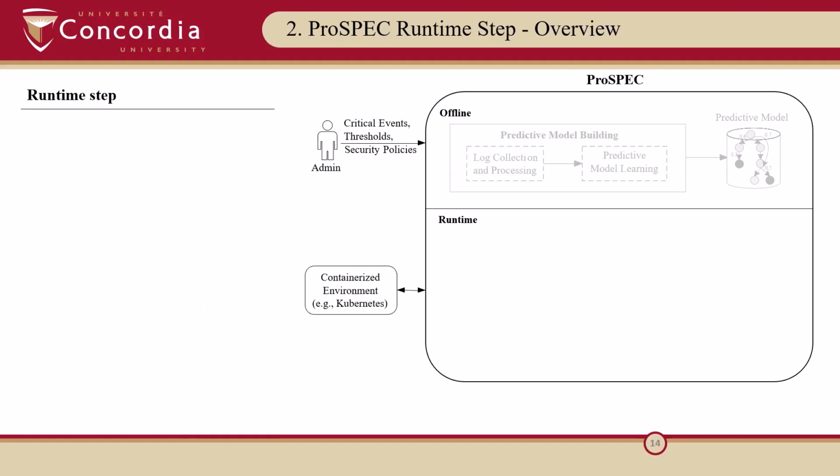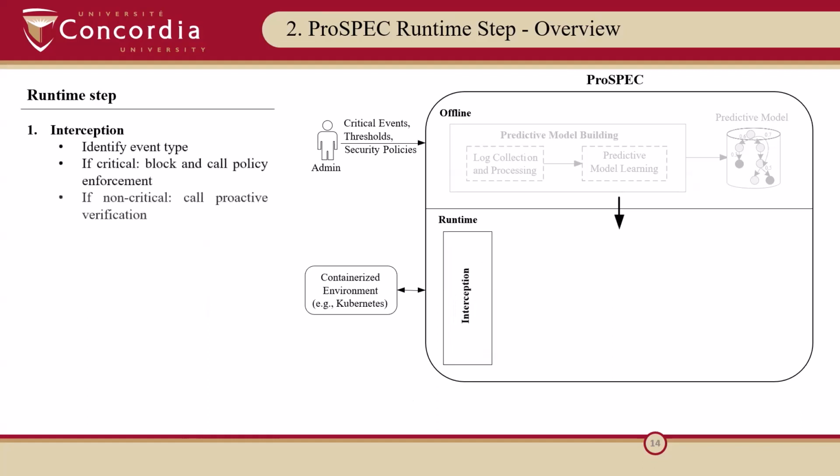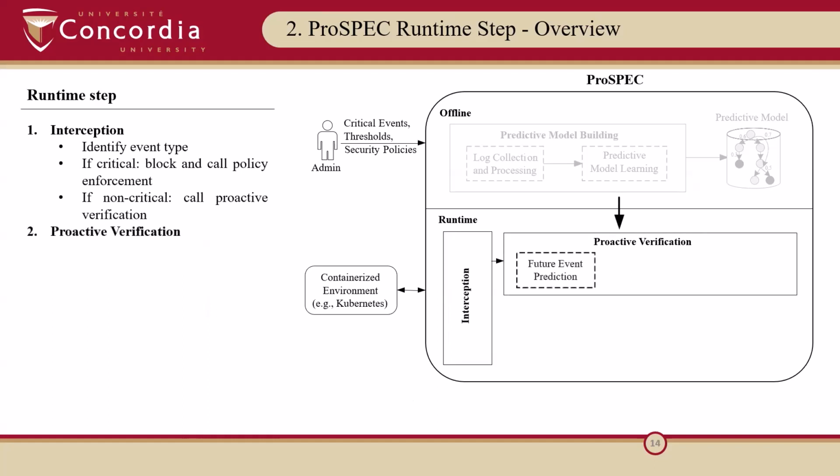For the runtime step, we actually have three main things. Of course, we need to intercept the event that actually happened in the Kubernetes cluster. Based on that, there are two cases. If the event is non-critical, so if it's a normal event, we're going to proactively verify what that event will lead to.